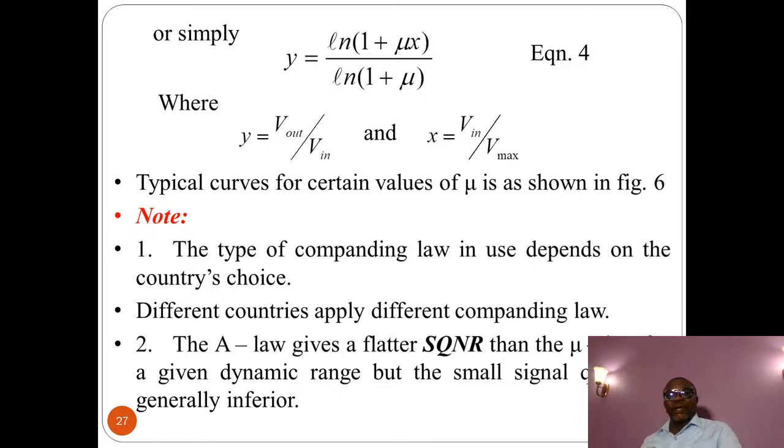So these are typical curves for certain values of mu. The type of compounding law in use depends on equipment. It will depend on the choice you are using. The A law gives a flatter signal quality than the mu law for a given range, but the small signal quality is generally inferior.